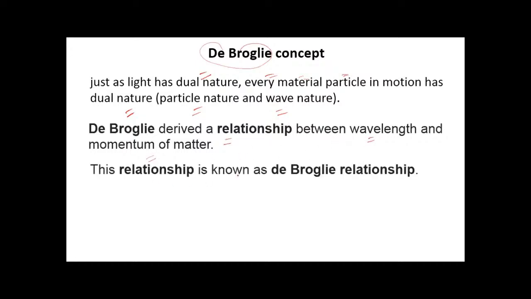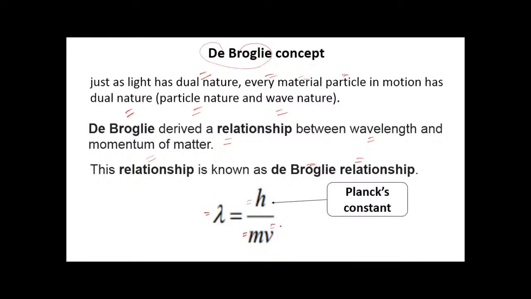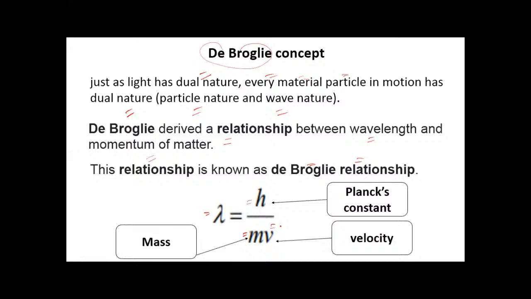This relationship is known as the de Broglie relationship, which is given as lambda = h/mv, where h is Planck's constant, v is velocity, m is mass, and lambda is wavelength.